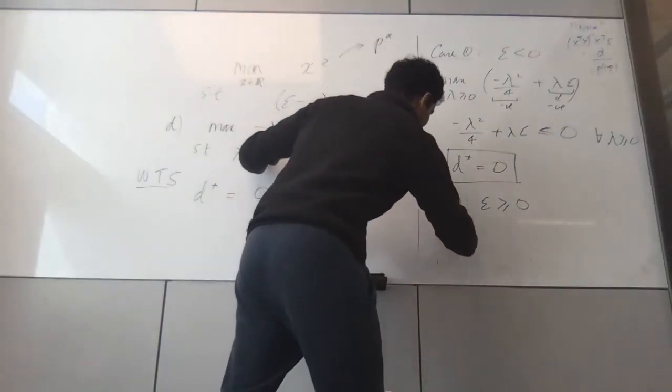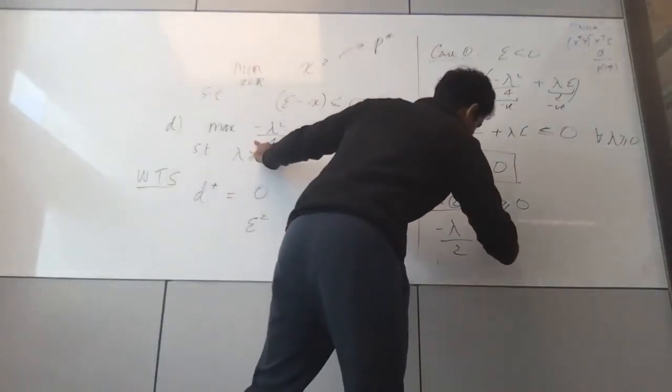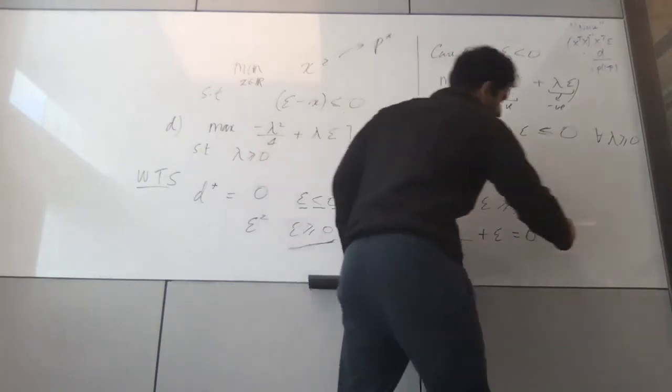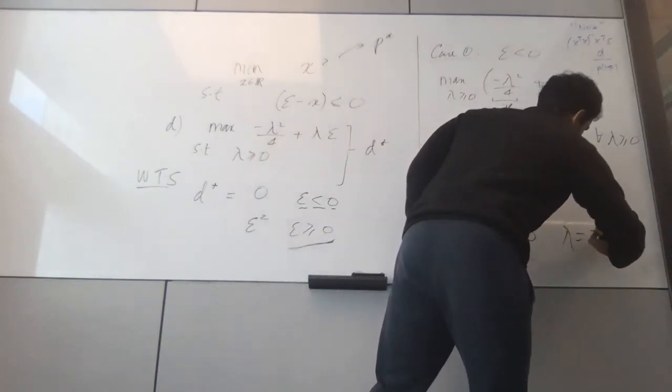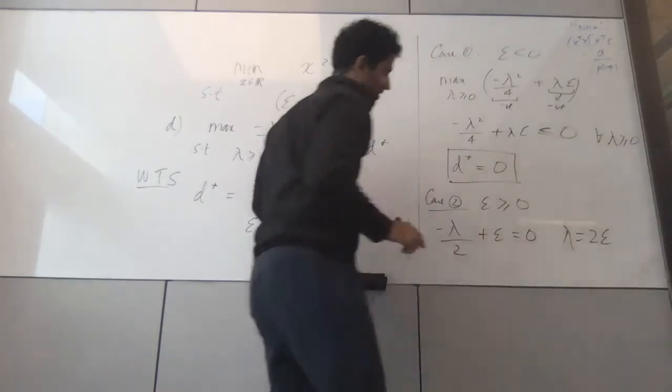Yeah, so it's negative lambda over 2, right? Oh, whoops, divided by 4 here. But yeah, so it's negative lambda over 2 plus epsilon. And now we're going to set it to 0. So you get lambda is equal to 2 epsilon. So does this lie in the constraint set?